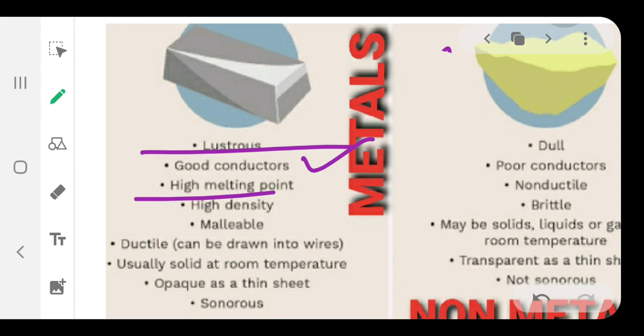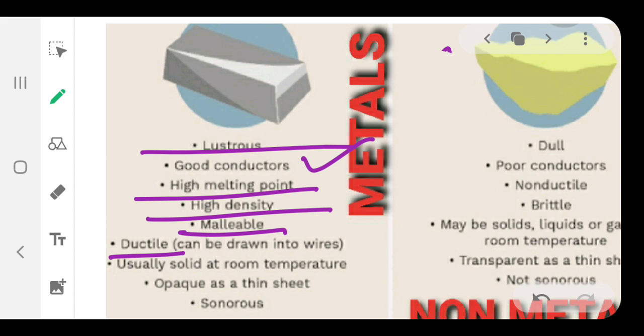Then they have a very high melting point because the majority of them are solid. They have high density. Then they are malleable. Underline this word, malleable. We'll read about this word again. For the time being, you should know there is a word called malleable or malleability. Then there is ductile or ductility.